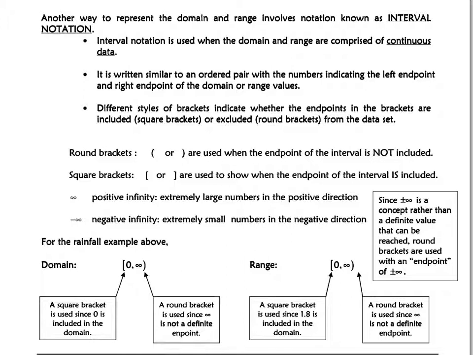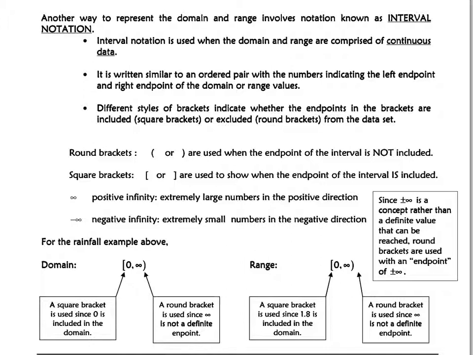And if your values are going smaller and smaller in the negative direction with no endpoint, for example, a domain of x less than or equal to 3, then your right endpoint is 3, but your left endpoint just goes on and on towards the negative values.